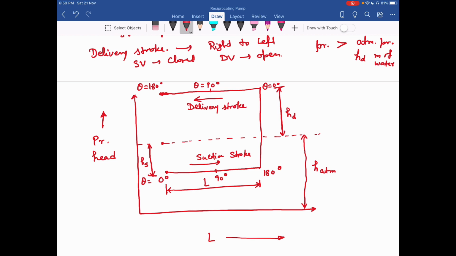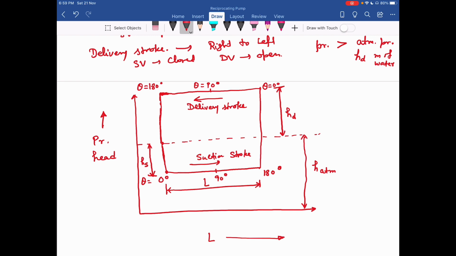At the end of the delivery stroke, my delivery valve closes, suction valve opens, and again the pressure drops to atmosphere. Then with the opening of the suction valve, the piston starts moving from left to right, and the pressure drops to less than atmospheric pressure. So this completes my indicator diagram.